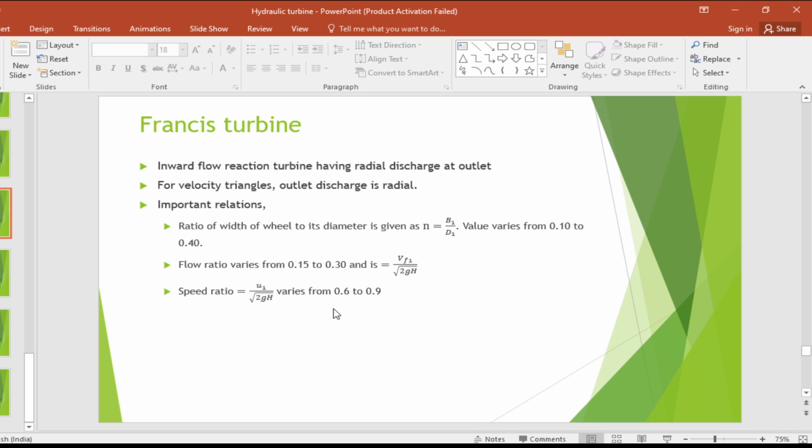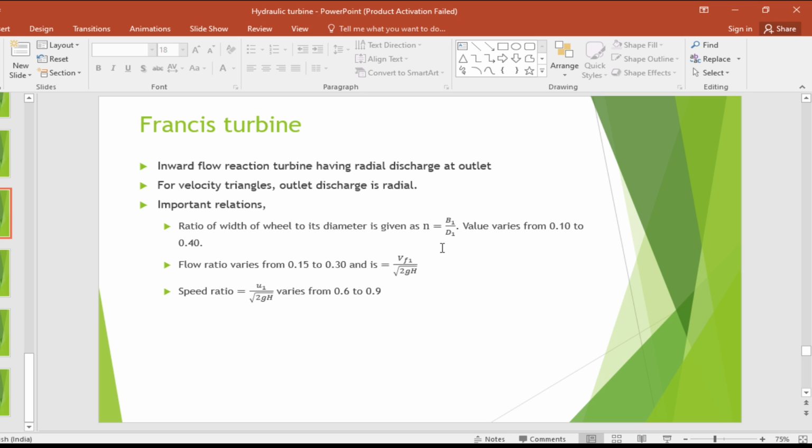Now, the important relations for the Francis turbine. The first is the ratio of width of wheel to its diameter, that is b1 by d1, which is given as n.